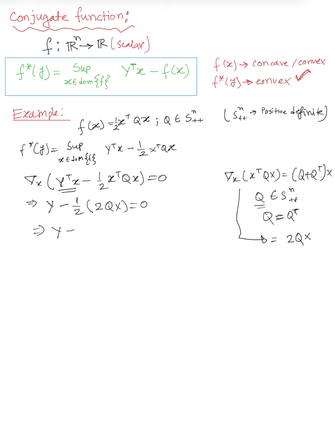So y minus Qx equals 0, so x equals Q inverse y. Now this x is actually x star, which corresponds to the optimal value.